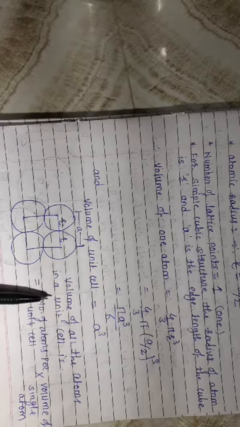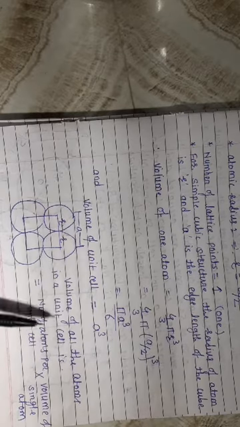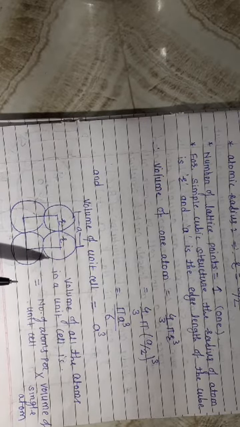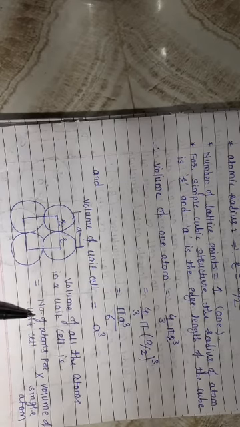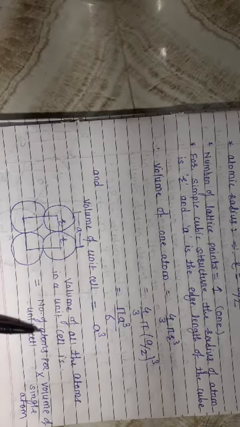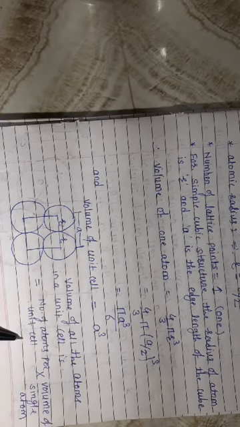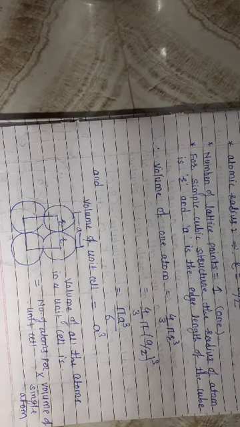Then the volume of all the atoms in a unit cell: there is only one atom to form this unit cell. That's why the volume of all the atoms in a unit cell is equal to the number of atoms per unit cell times the volume of a single atom. Is it right? The number of atoms per unit cell is 1 and the volume of a single atom is 4 by 3 pi r cube.